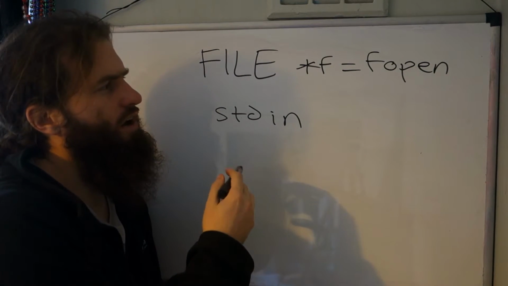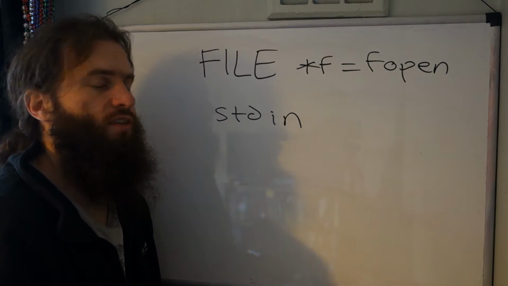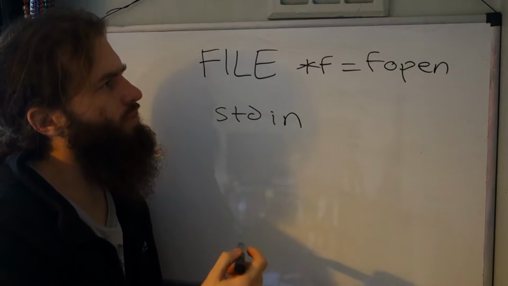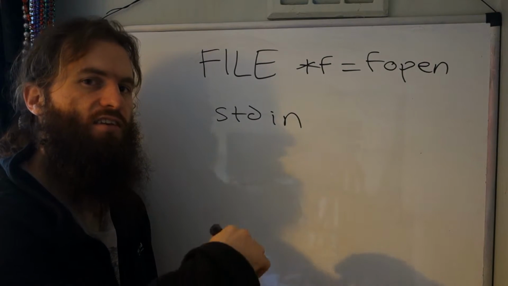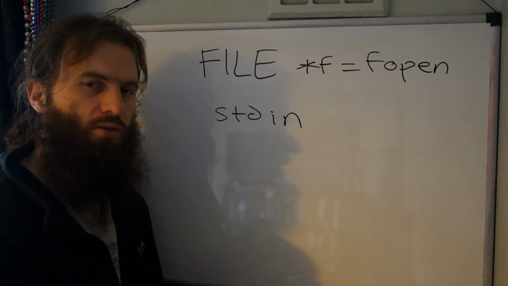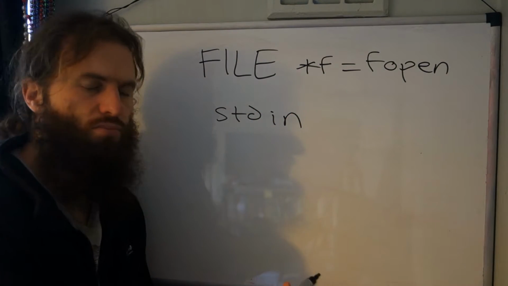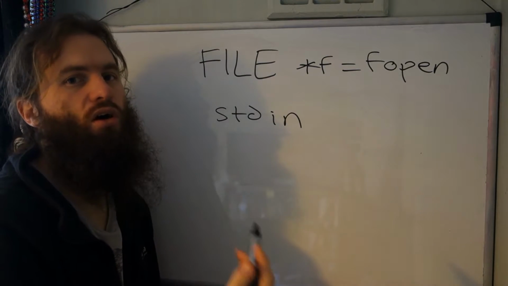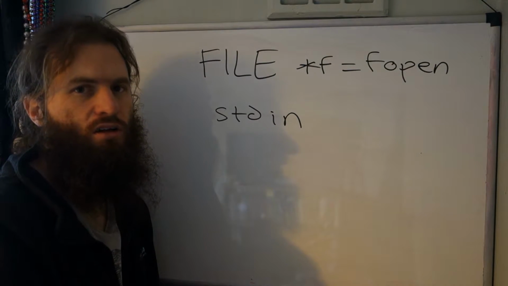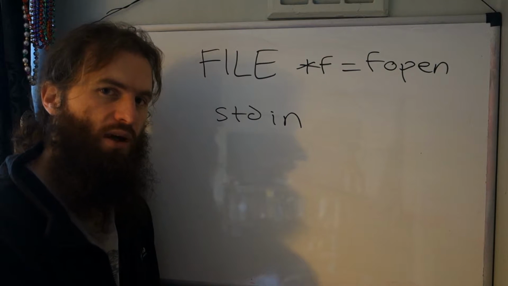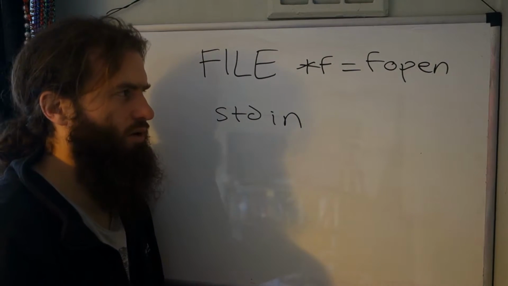And this will be line buffered by default. That means the data that you input from the terminal will be flushed to your program whenever there is a newline character, and that should be platform independent.